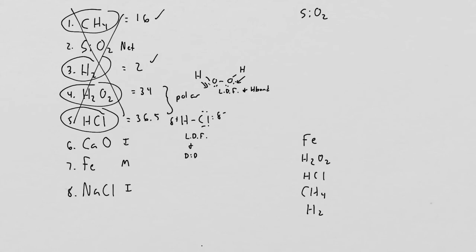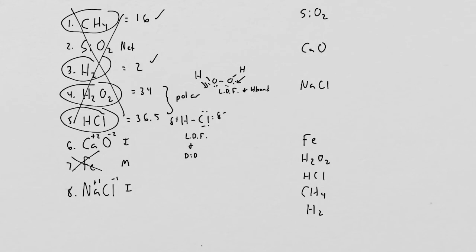Now I'm down to the two ionic compounds, and I have to look at the crystal lattice. The big thing you look at first is always the charge difference. If the Coulombic forces are greater, it tends to have a higher melting point. So since calcium oxide is +2 and -2 and sodium chloride is +1 and -1, we would assume the calcium oxide would be here and the sodium chloride would be here.